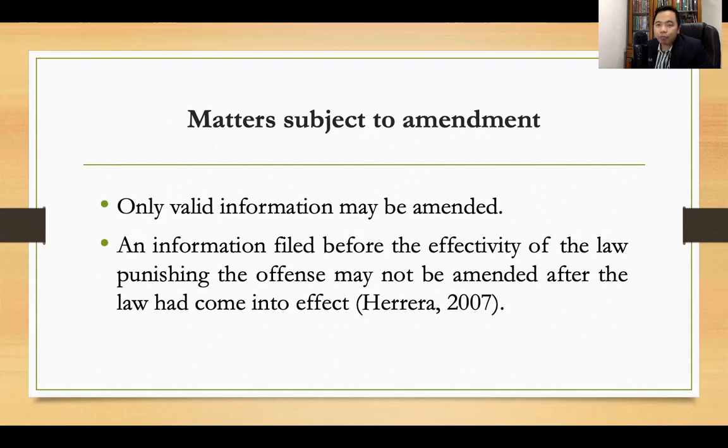A void information does not exist in legal contemplation. And so therefore, there is no amendment that can be effected in a void information. An information filed before the effectivity of the law punishing the offense may not be amended after the law had come into effect.